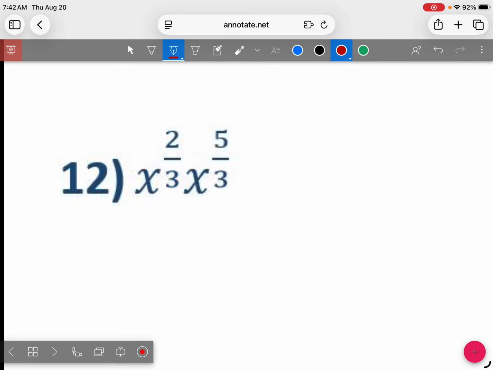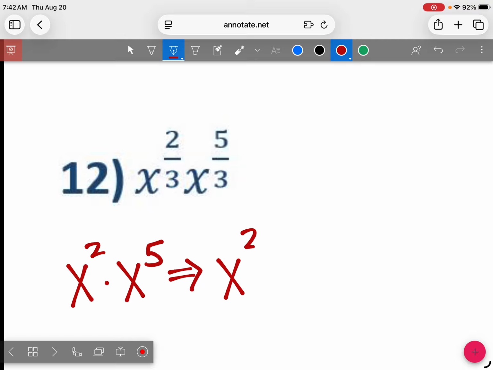What do we do with our exponents? Do we add them, multiply them, subtract them, divide them? Let's just pretend that these weren't fractions. Let's pretend this was x squared times x to the 5th. What would you do with your exponents? Would you add them and get 7? Would you multiply them and say that they're 10? You would add them. X to the power of 2 plus 5 means I have x to the 7th.